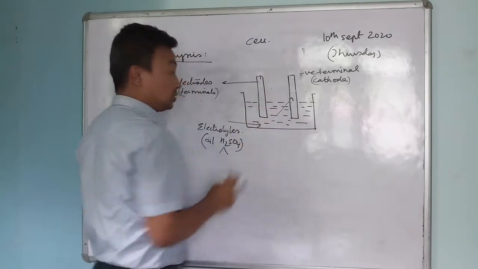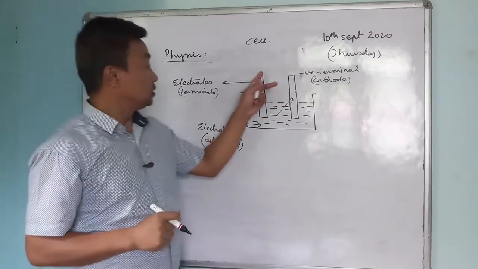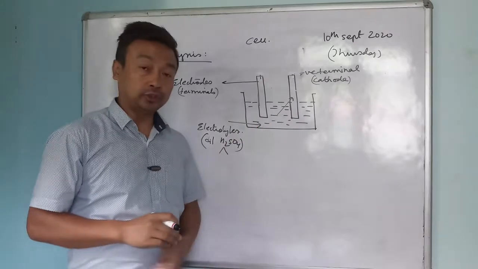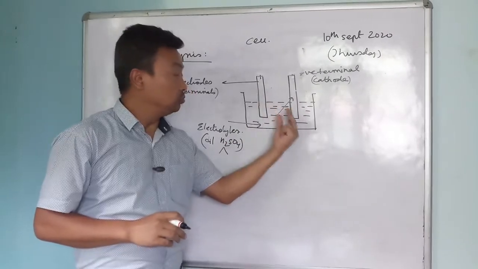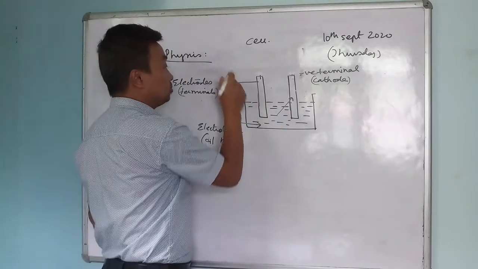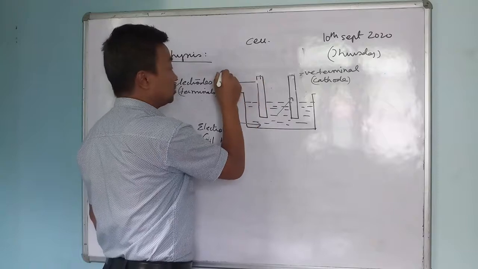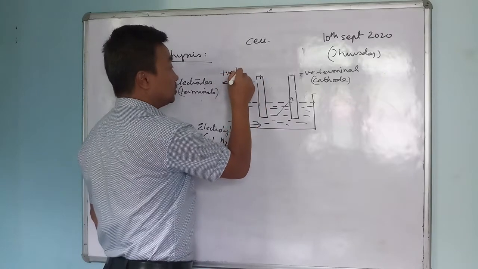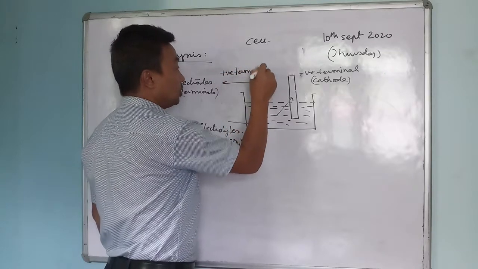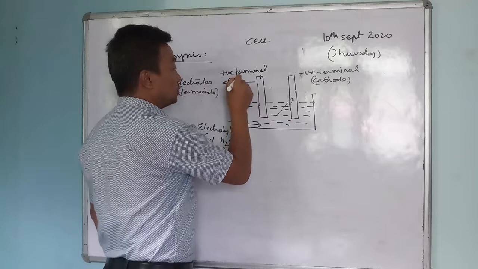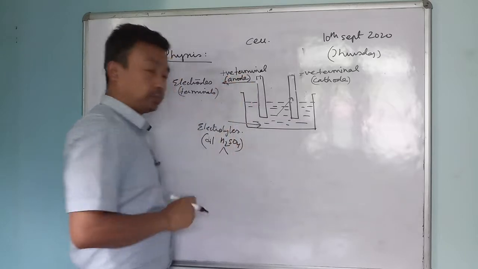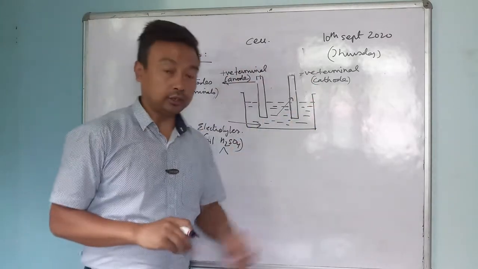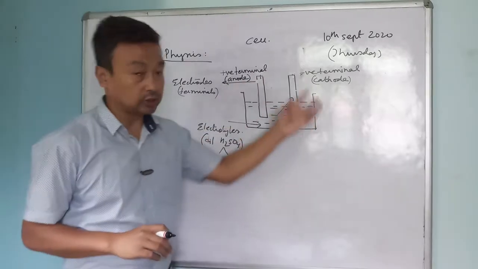And if you look at the other electrode, the positive ions will move towards that and it will become the positive terminal. This is known as the anode. Alright, so basically this is the basic picture of what happens in a cell.